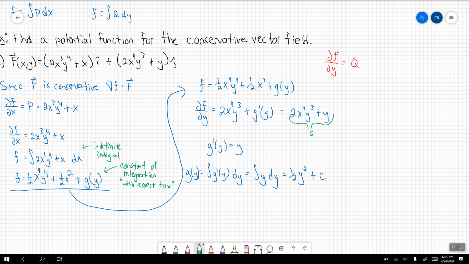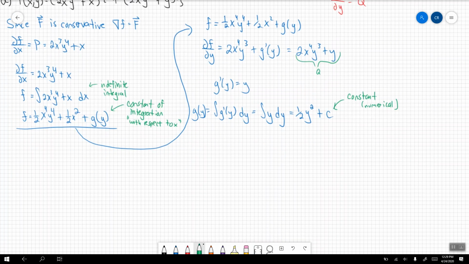Now this constant here is just a numerical value, because our initial process was to find that constant with respect to y, and we did. It is an actual function that's treated as a constant back in this particular operation for my potential function, and upon further investigation, we're able to find that specific function.